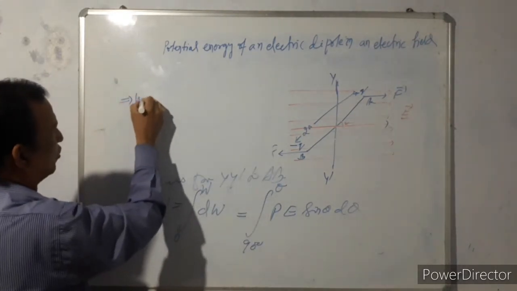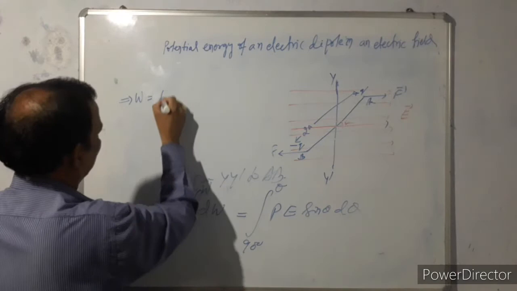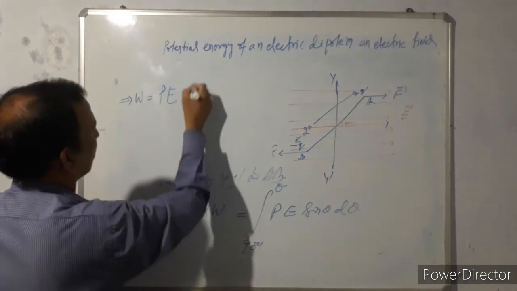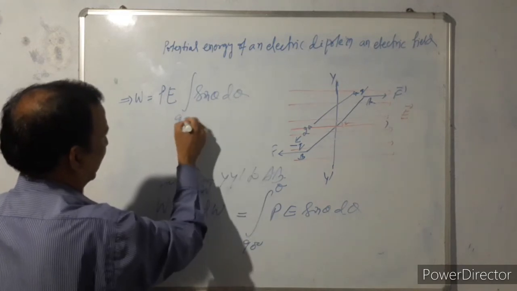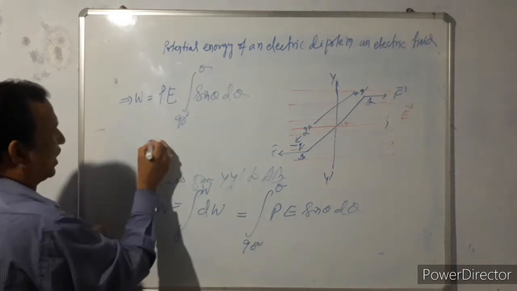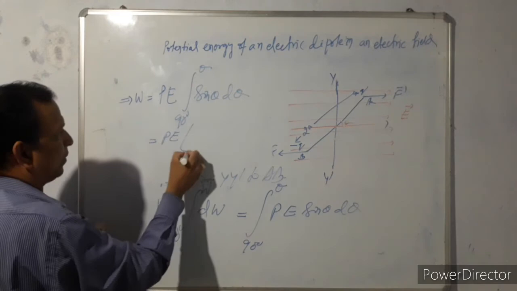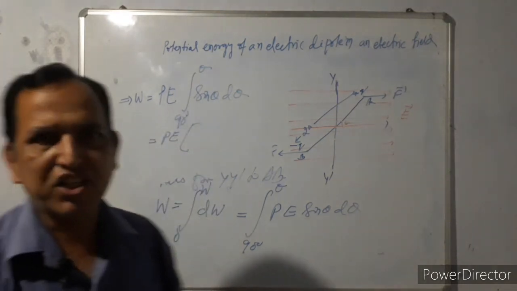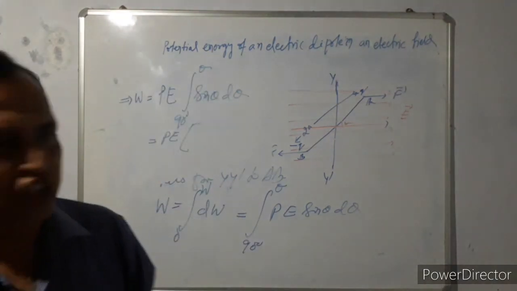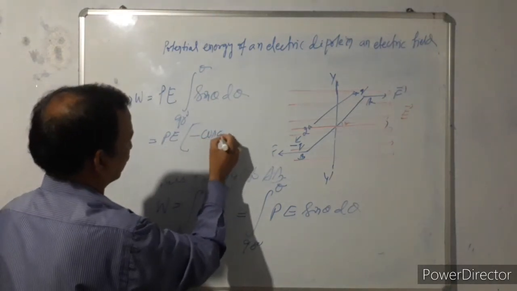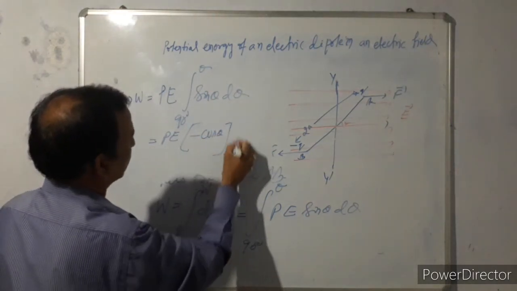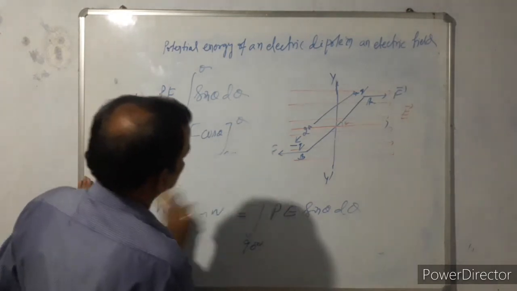So this implies W is equal to P E integral of sin theta d theta from 90 to theta. That is equal to P E times minus cos theta, from 90 to theta.